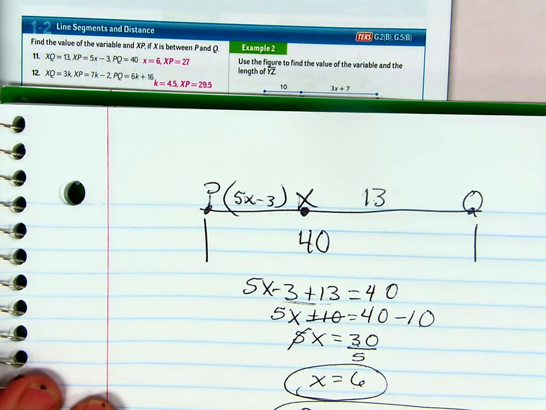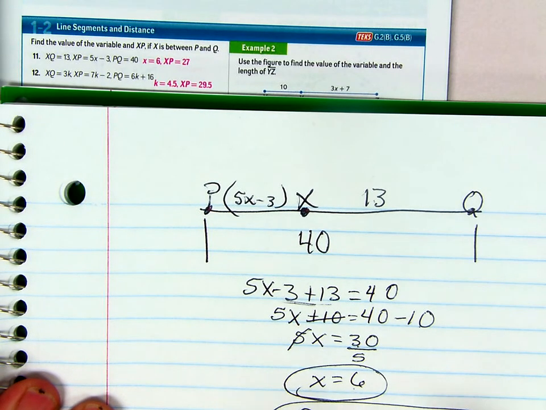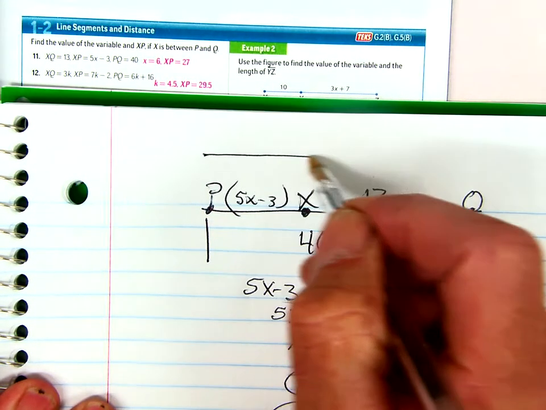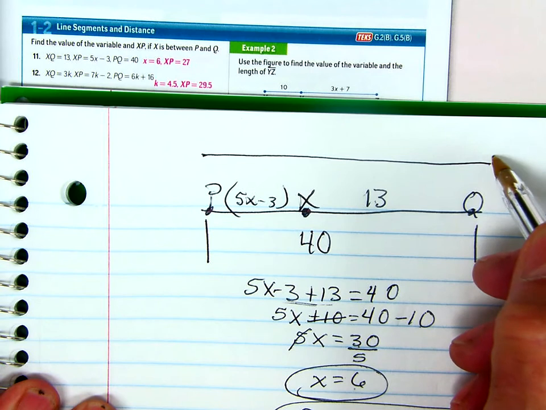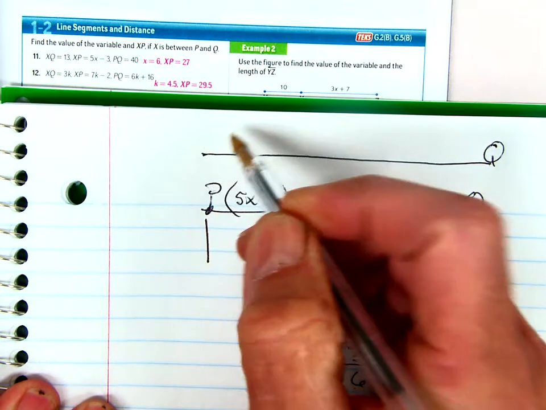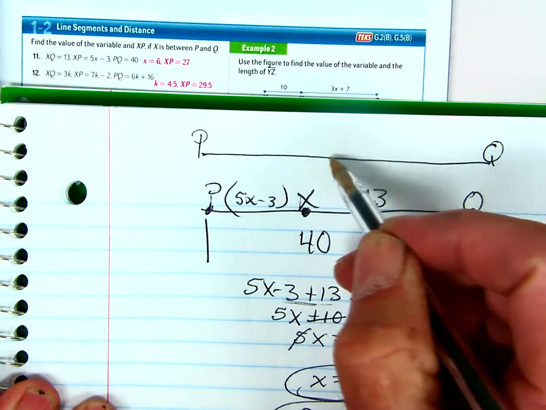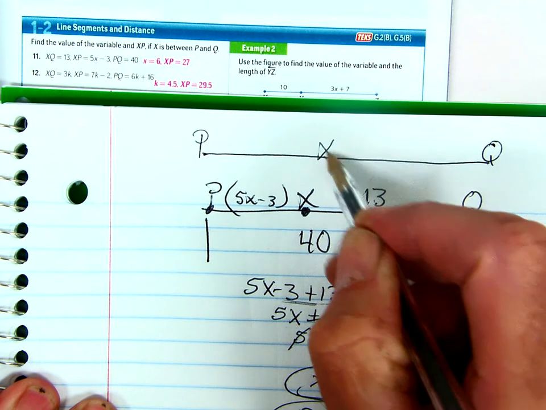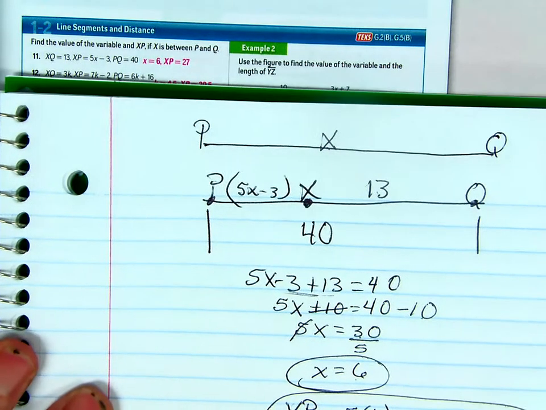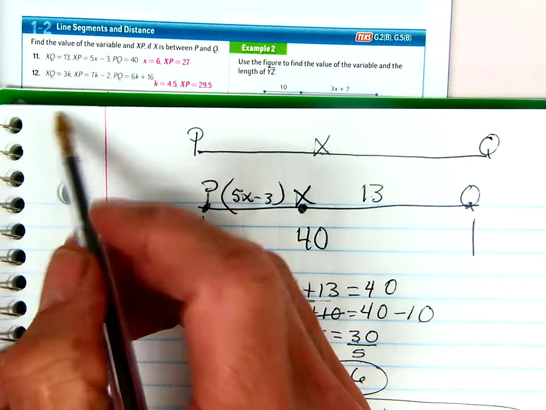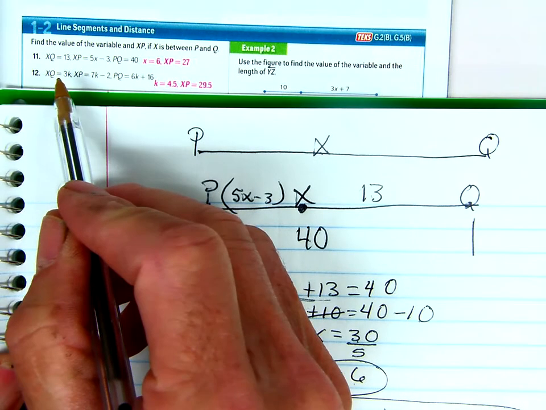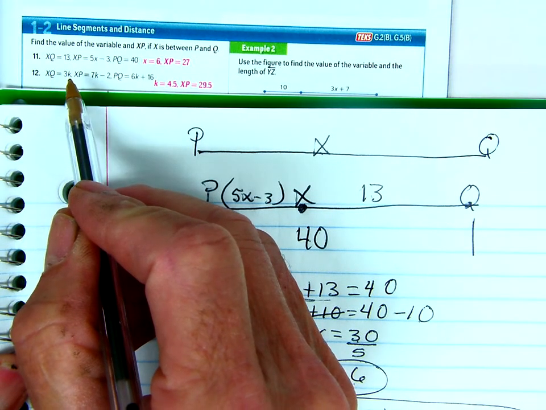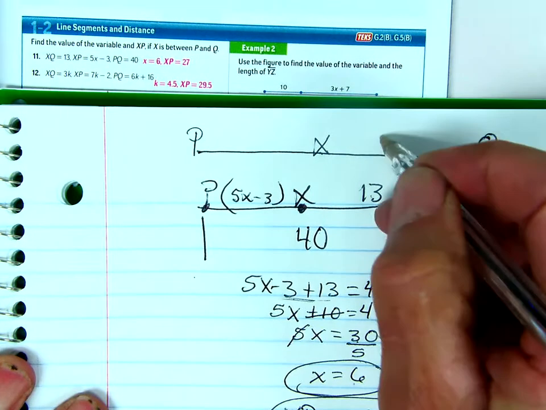Number 12 is going to be about the same thing. X is between P and Q. I really hate that they use the point X when they're using the variable X as well. So this time, from X to Q is 3k.